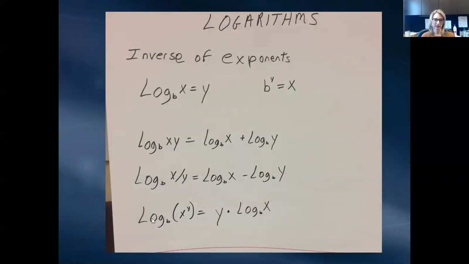And this is a little bit more difficult, but if you have log b of x raised to the y power, it's the same thing as bringing out that y and putting it in front of log b of x. So if that was an x squared, this would become 2 log b of x. Now if it doesn't say a number for the b on a question, then you assume that number is 10. That's the common logarithm, and that's what's on your calculator, the log base 10.